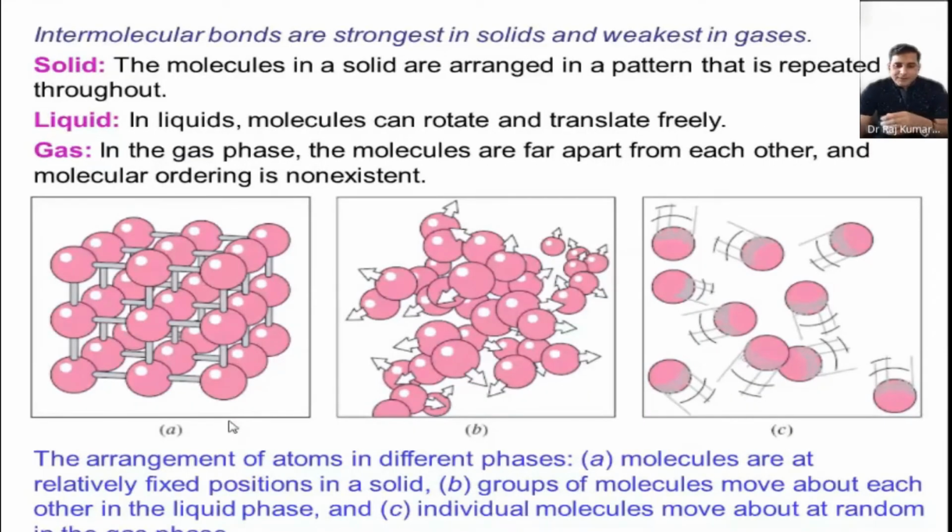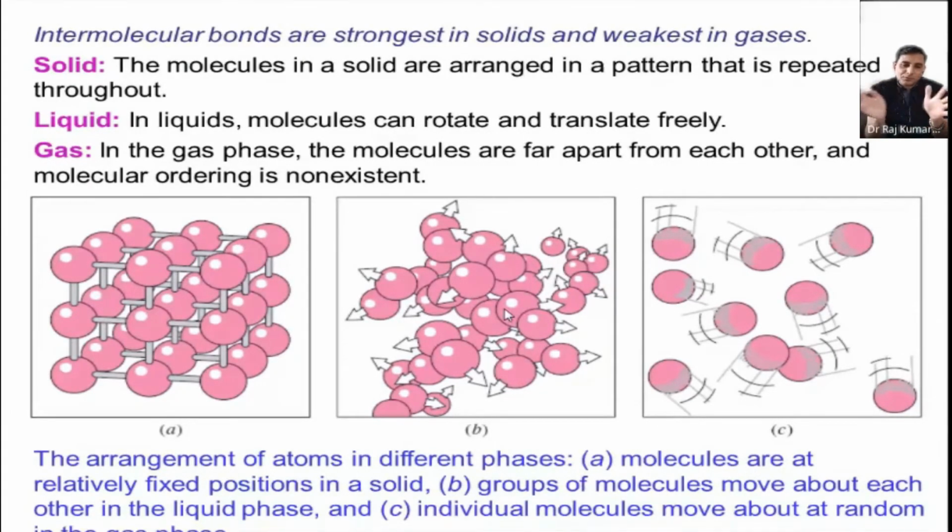Then you have the next example, which I was just talking about, the solid. Here they have what is called the mean free path, but they can move only within it. They cannot leave the surface, therefore their shape and size are fixed. In the liquid case, they can move within the container and they have a lot of cohesive energy.